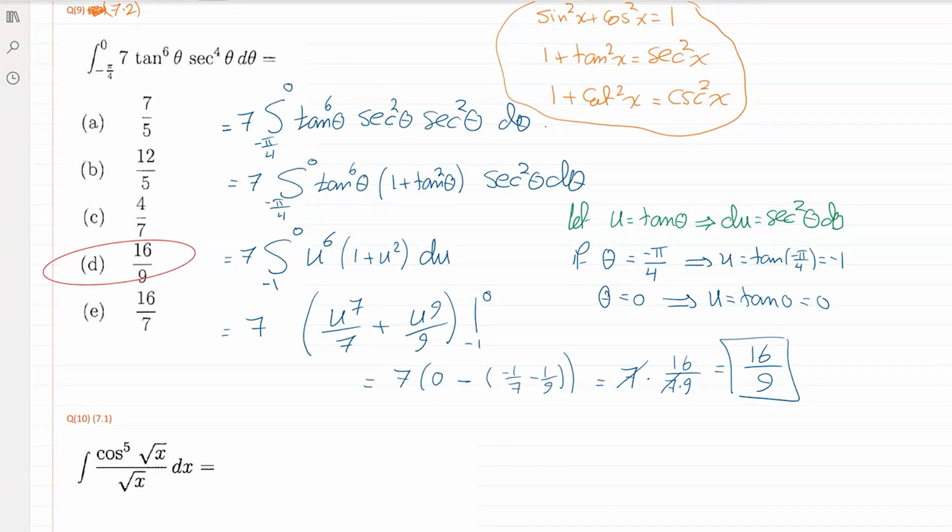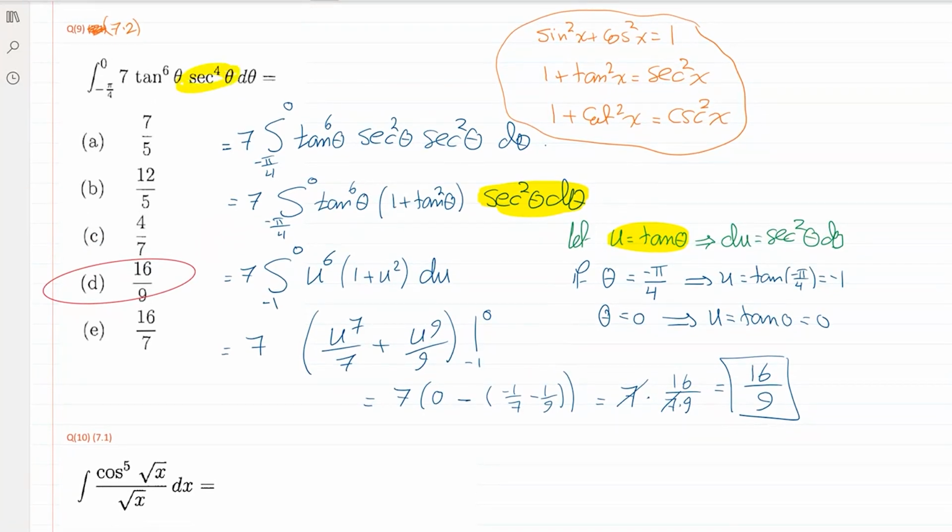Is that clear, Shabab? Doctor, I didn't get the substitution of the theta. You didn't understand it? Okay, I suppose that let u equal tan. Why do I suppose u equal tan? Because the derivative of tan is secant square. Because of that, I split the secant power 4 into secant square with secant square.